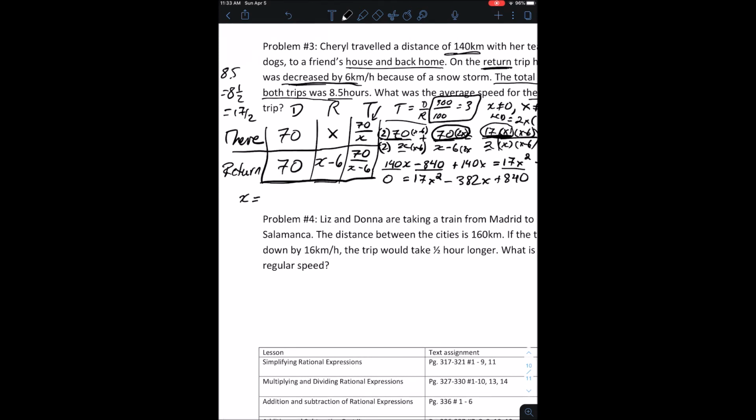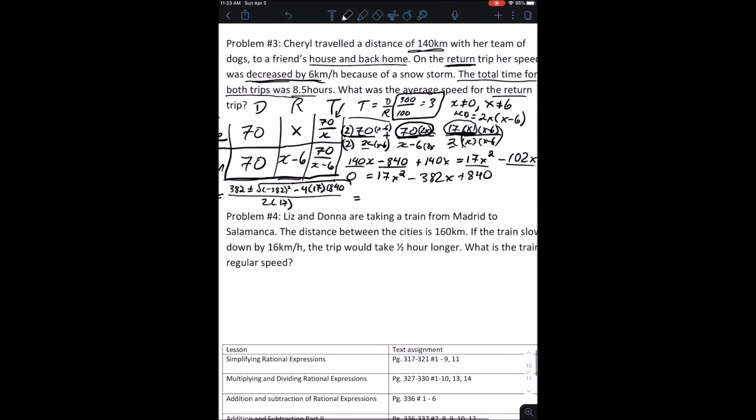So x is 382 plus or minus the root of negative 382 squared, which is going to be a positive number, watch that, minus 4ac, all over 2a.